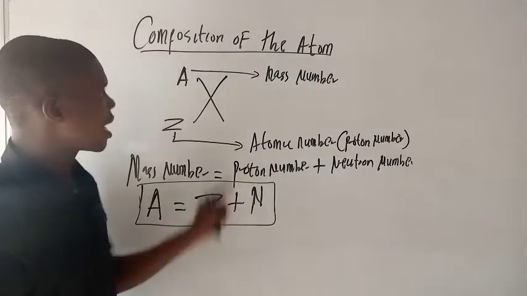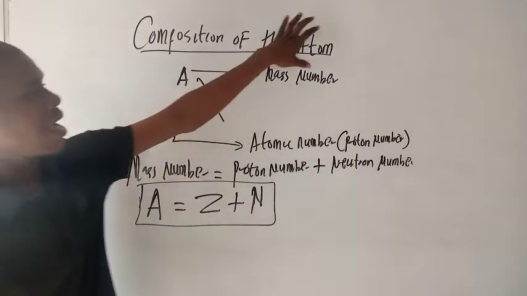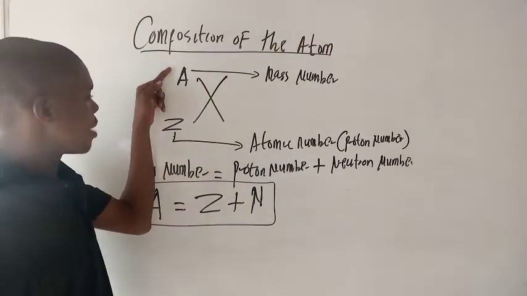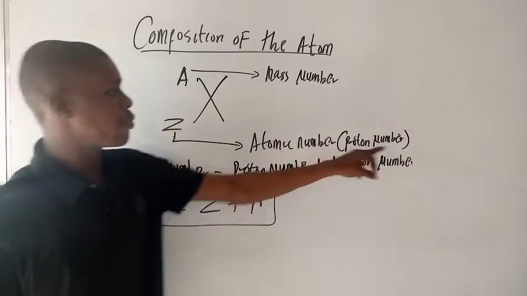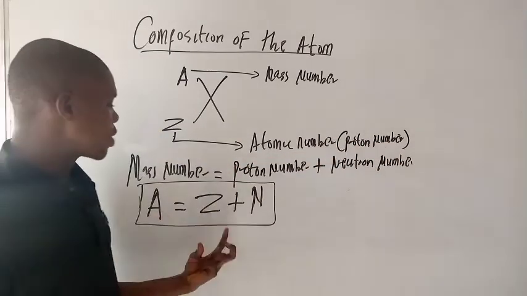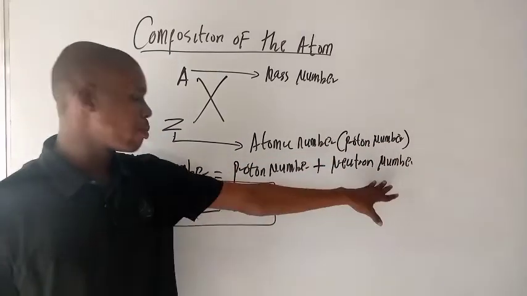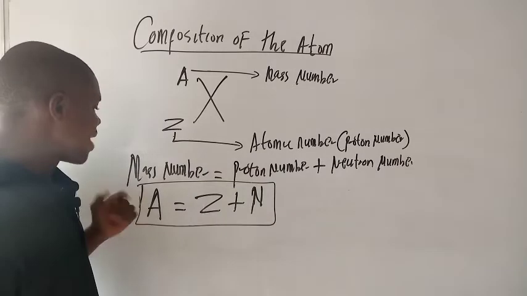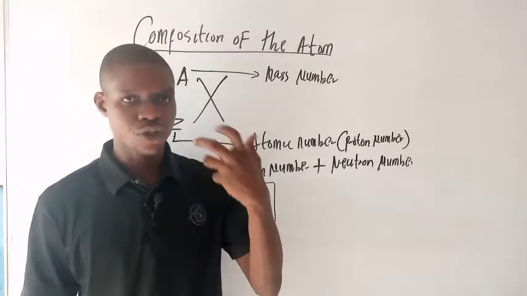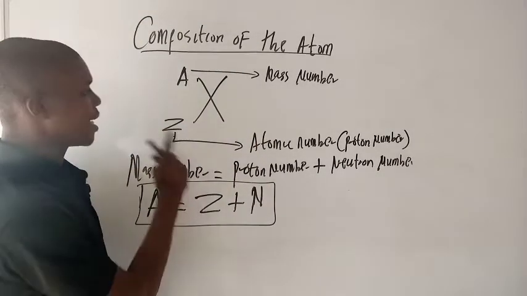It's key when it comes to composition of the atom. So we have the mass number, the atomic number, and the proton number. The summation of the proton number and the neutron number makes up the mass number, so the mass number is also the nucleus number.